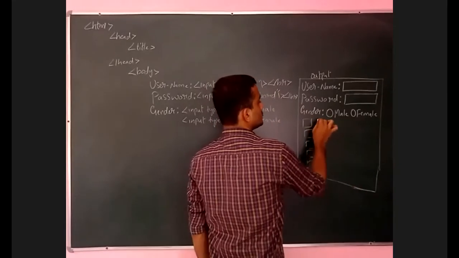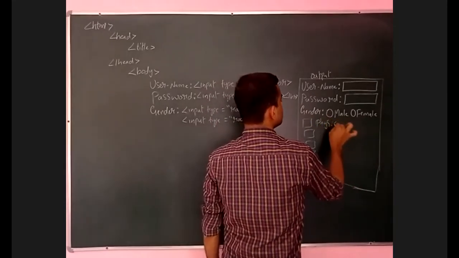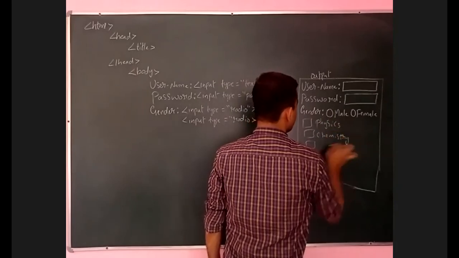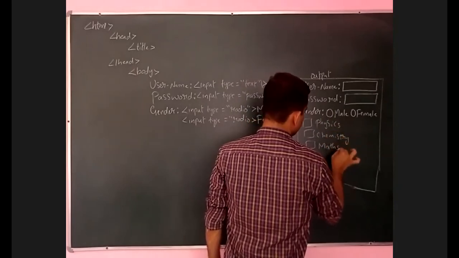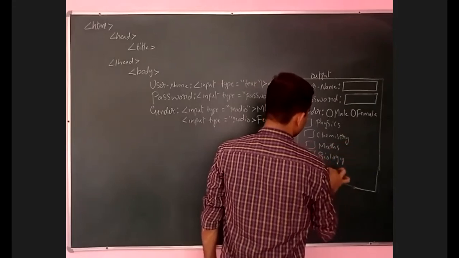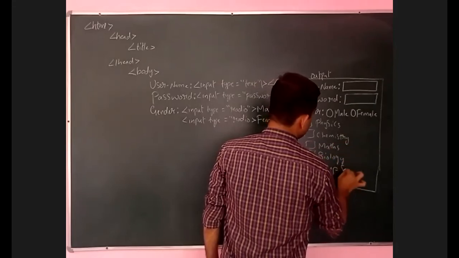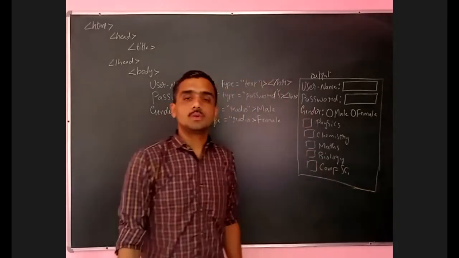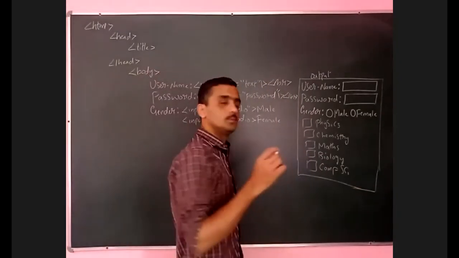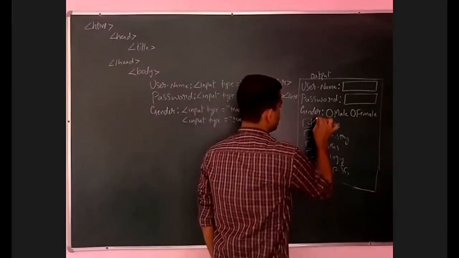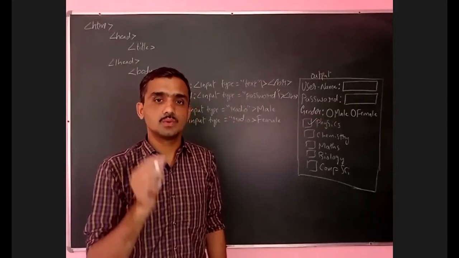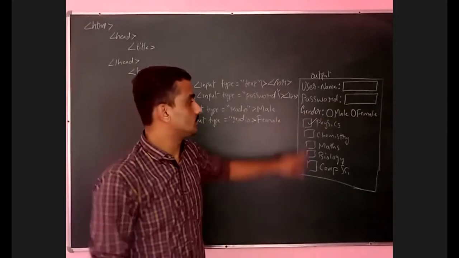In front of each box, let me consider combinations: physics, chemistry, mathematics, biology and computer science. When you mouse over this, you should be ready to click. Sometimes you have noticed this on websites. If you click using left click, it will show a tick mark.